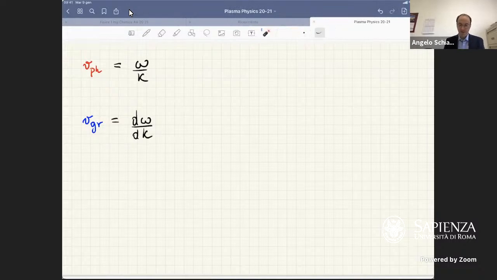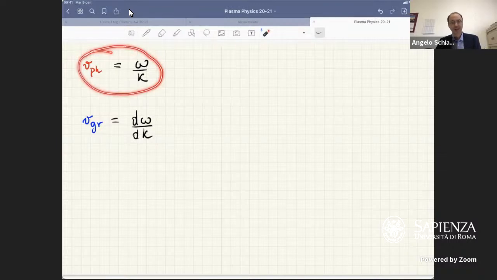So what is important to remember from other courses is that the phase velocity is the mathematical speed. It can be very large, it can go to infinity.